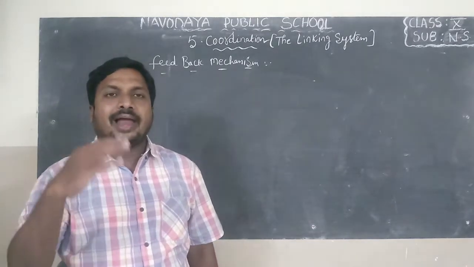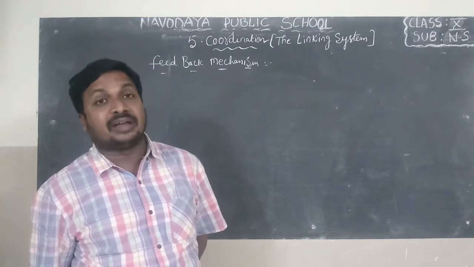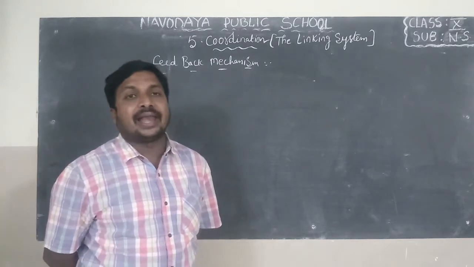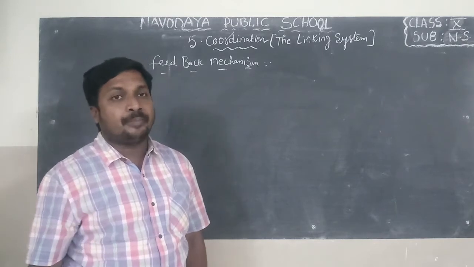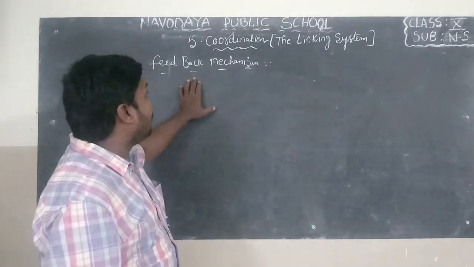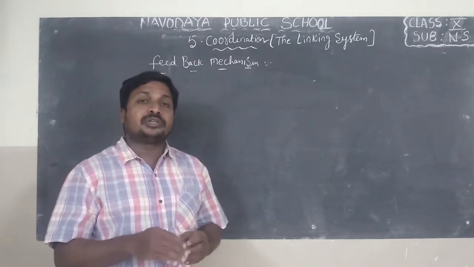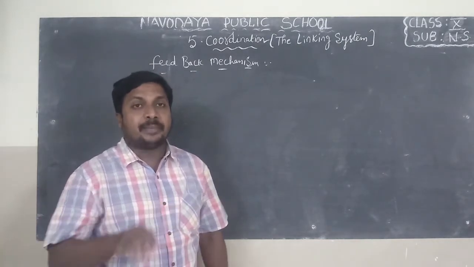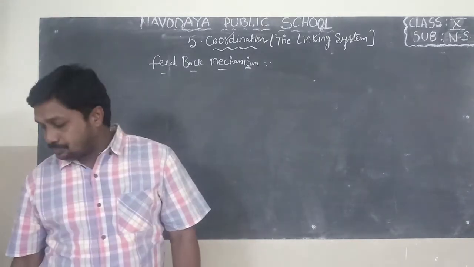If adrenaline reduces in the blood, this helps to reduce our emotions. That is called the feedback mechanism. Feedback mechanism means hormones are not released in a steady manner in the human body.